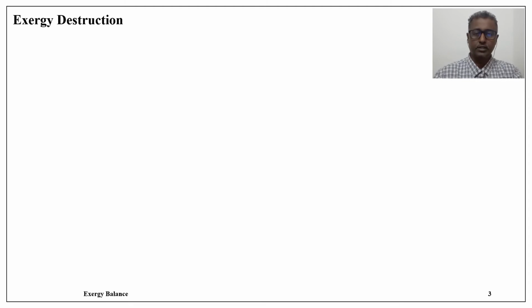Exergy destruction. To learn about this, first we will write what is the exergy change for an isolated system. Just now we discussed exergy change for an isolated system is equal to minus T naught S gen, which is less than or equal to 0.